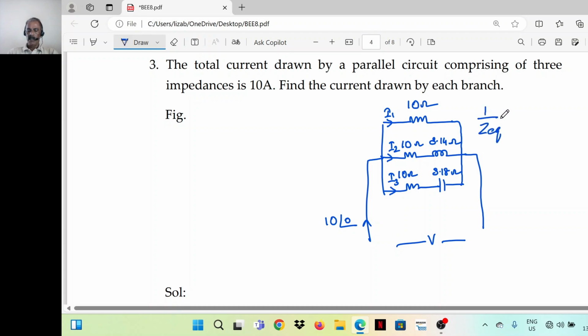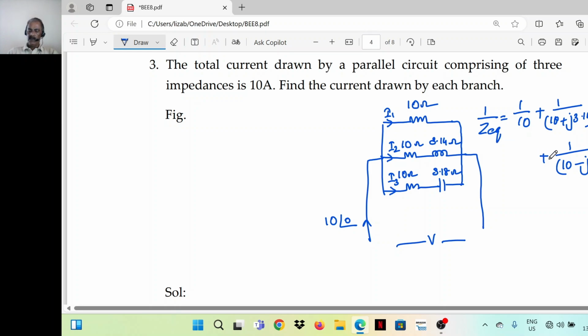So 1 divided by Z equivalent is equal to 1 by 10 plus 1 divided by 10 plus J 3.14 plus 1 divided by 10 minus J 3.18. So 1 by Z equivalent is equal to 1 by Z1 plus 1 by Z2 plus 1 by Z3.